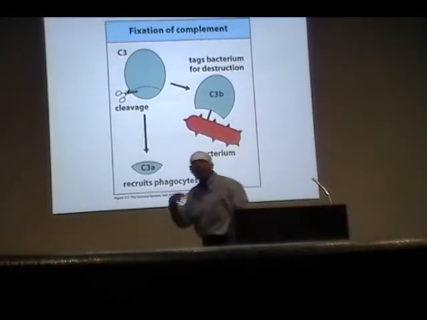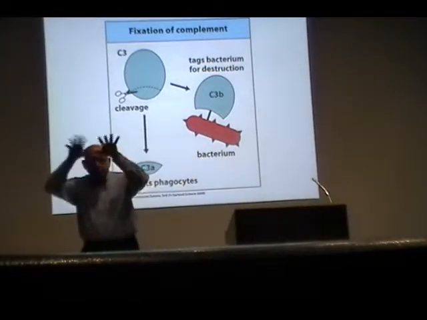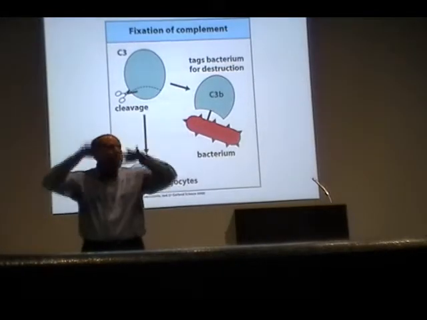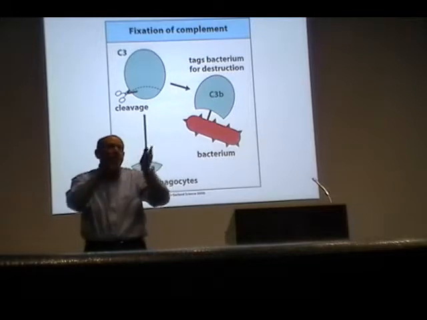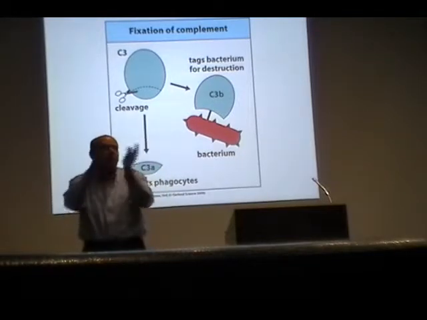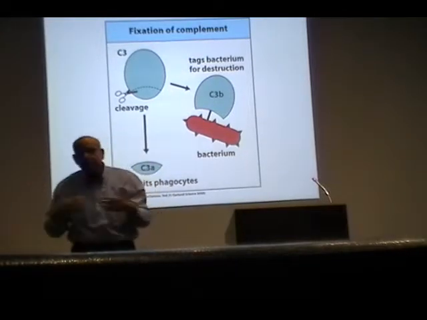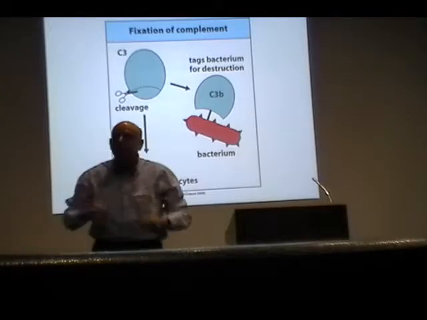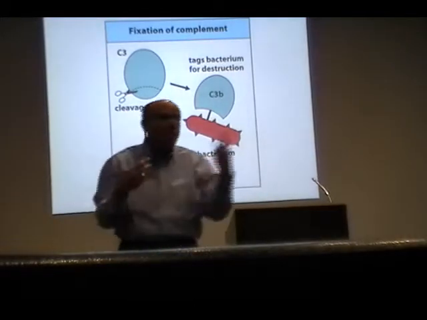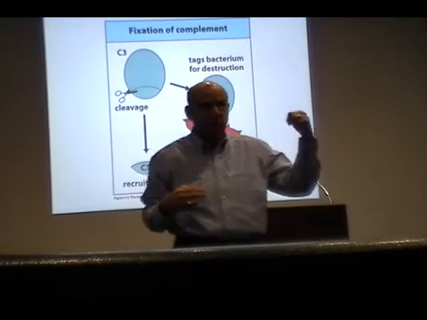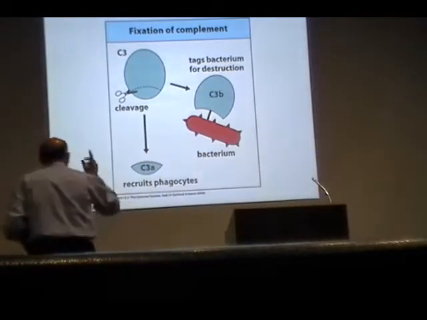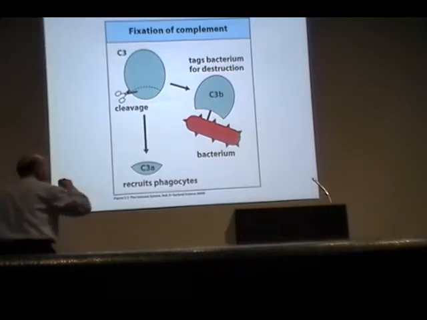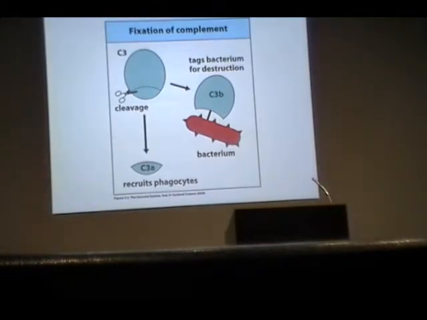Remember I said there's a lot of parallel, that there are a bunch of proteases involved in this cascade, but really if you can understand it, they're the exact same protease and the exact same steps with different names. So there are two C3 convertases. I'll introduce them to you first, then we'll get to how you make them. One of the C3 convertases, its name is not on here yet.